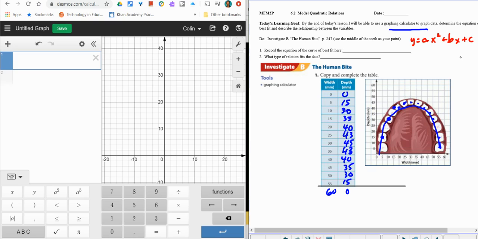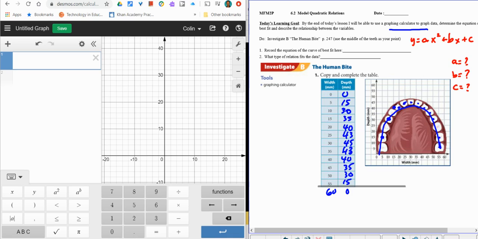So we're looking for this pattern of what is a, what is b, and what is c. We cannot figure this out yet in the course without the help of the graphing calculator, so we pretty much have to use a graphing calculator to get an accurate number.